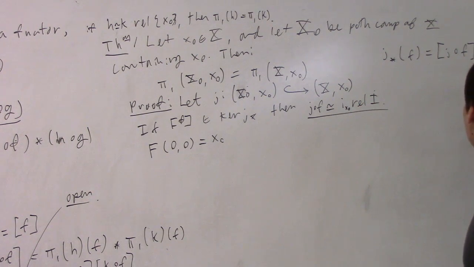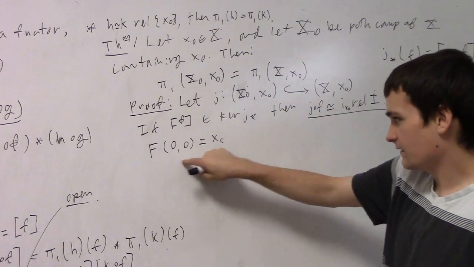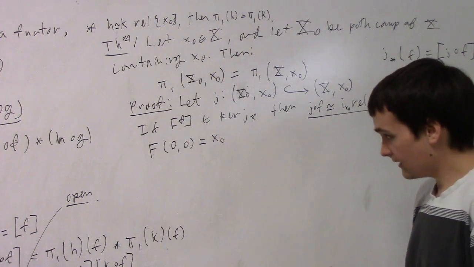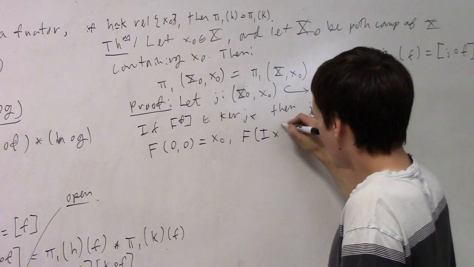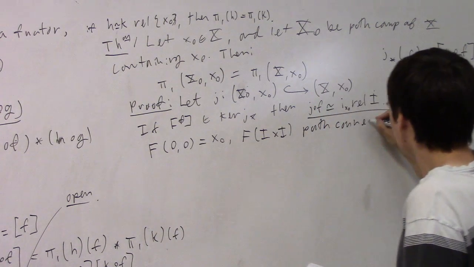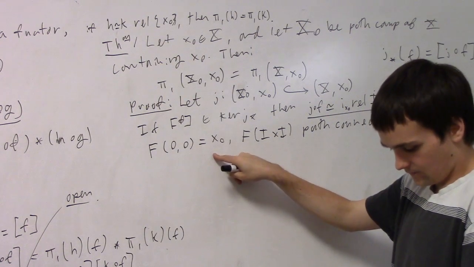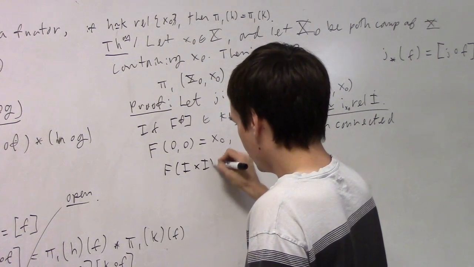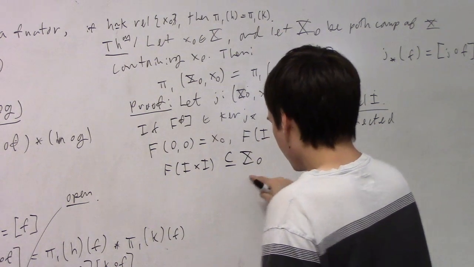That's important. And so from that, they have that F of 0, 0 is x naught. So then, since I cross I is path connected, and you have a value in x naught, it follows that the image under the homotopy of I cross I is contained in the path component of x naught.